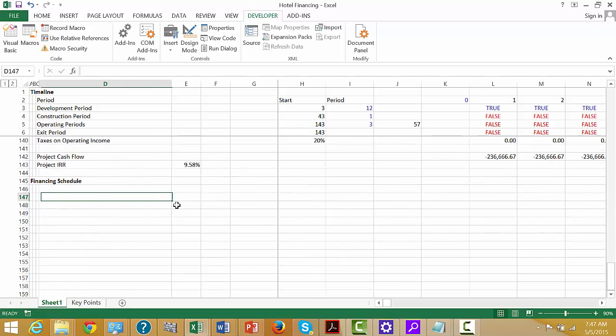And for the financing schedule, let's start with the 2 debt issues. Land loan, and then start with an opening balance.